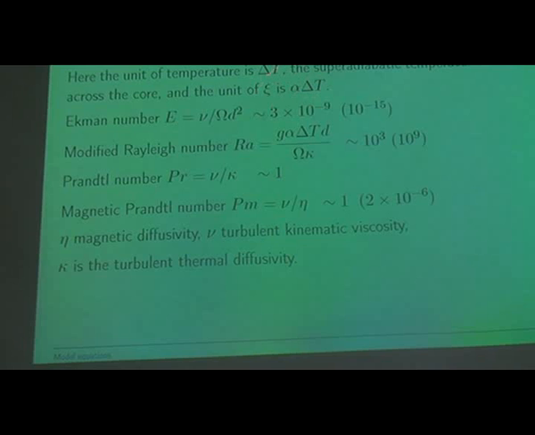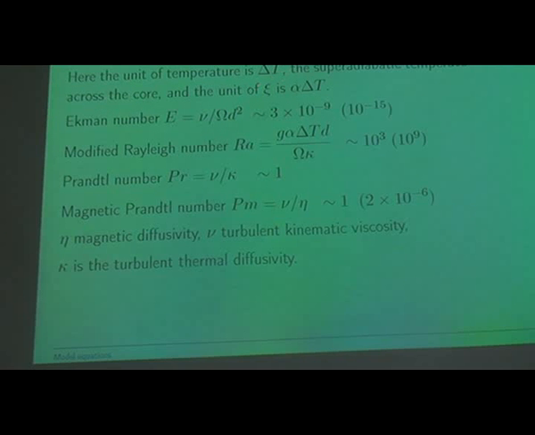So a typical numerical value of delta T would be something like 10 to the minus 3 degrees K, which is only a 1,000th of a degree. It's a tiny, tiny variation in temperature. And that is the sort of temperature variation which provides a sufficient buoyancy force to balance the other terms in those equations. So we believe the actual superadiabatic temperature difference has that sort of magnitude.